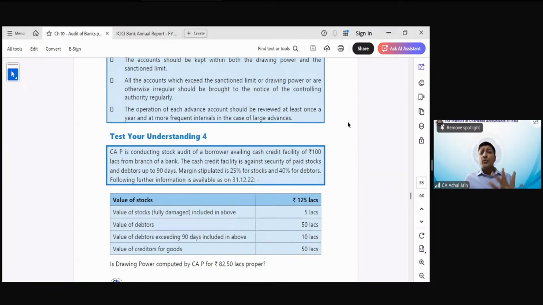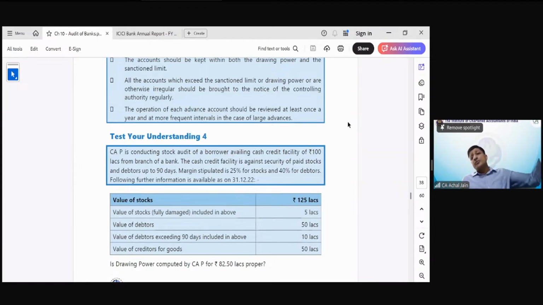If you read the question carefully and try to understand the requirements of the loan or this drawing power, you will find that the complete formula, if you apply some logical thought, is given in the question itself.